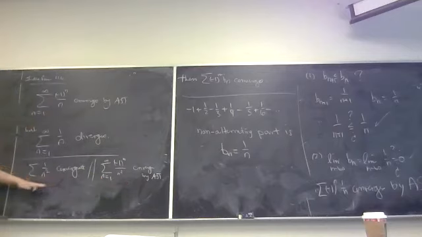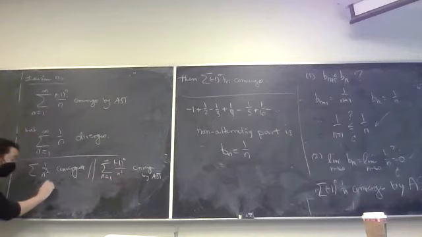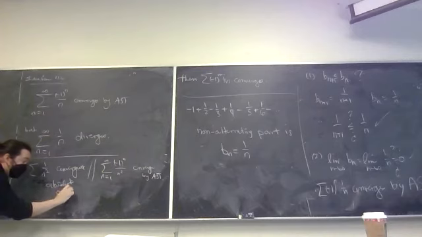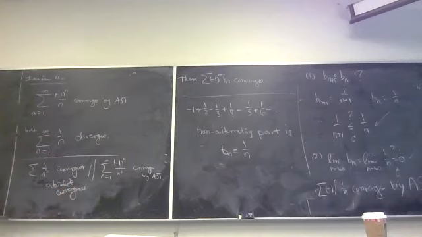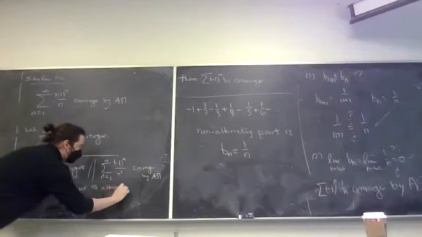This type of convergence implies this type. This is called absolute convergence. It's convergence of the positive terms all by themselves. That means these are going to 0 pretty quick. Absolute convergence implies alternating convergence.